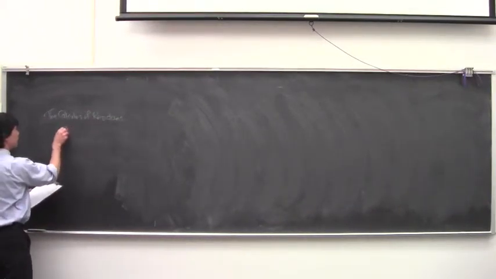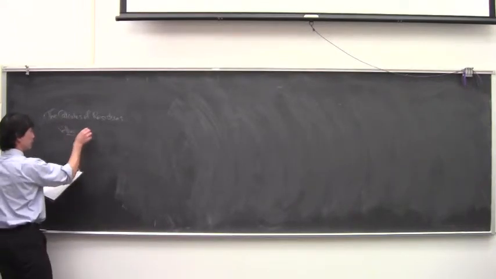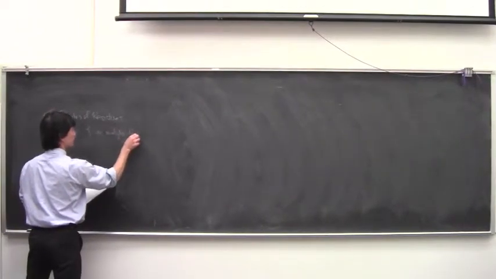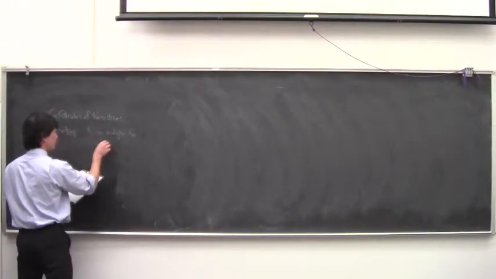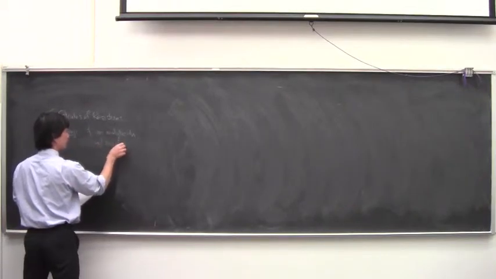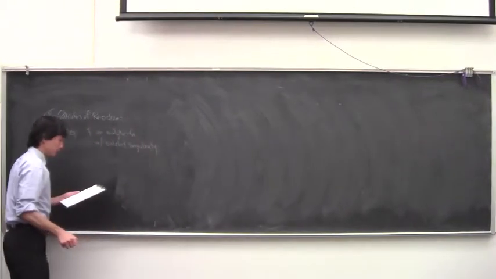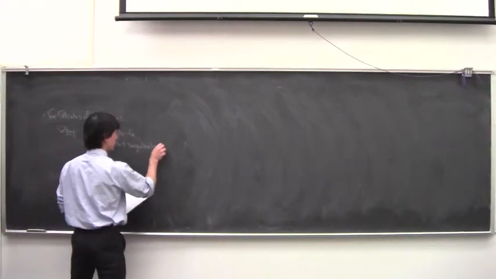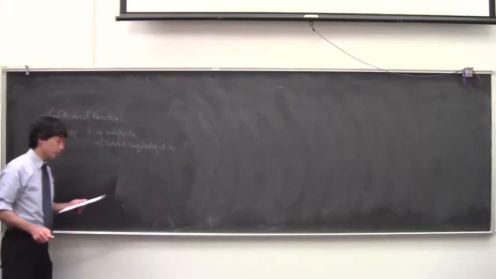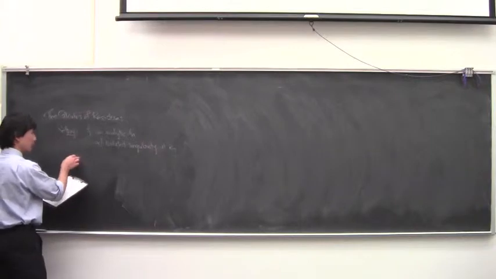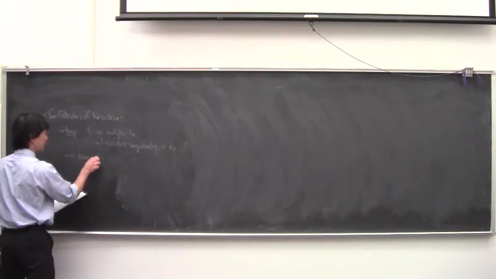The setting is that you have an analytic function, and it has an isolated singularity at some point z naught. In that case, you have a Laurent expansion.